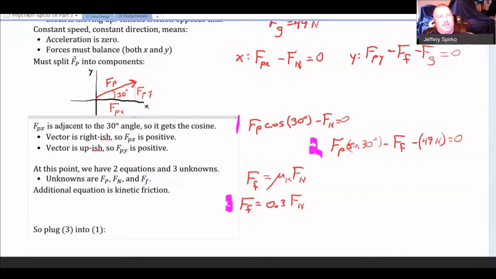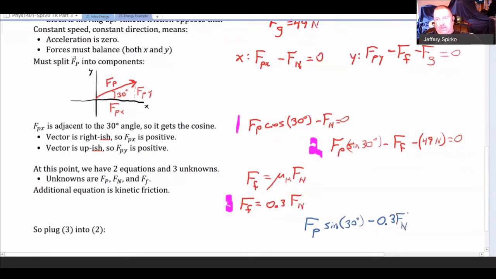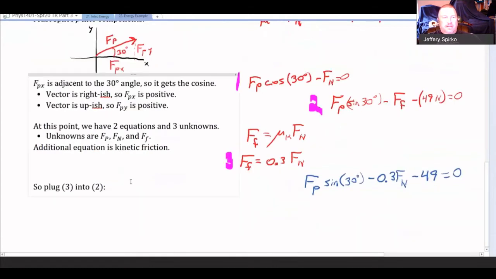I know that's not very readable, but we'll try plugging things together. Now we're at the point of doing some ugly algebra. Actually, we're going to plug 3 into 2. So now equation 2 is going to be FP sine 30 degrees minus 0.3 FN minus 49 equals 0.